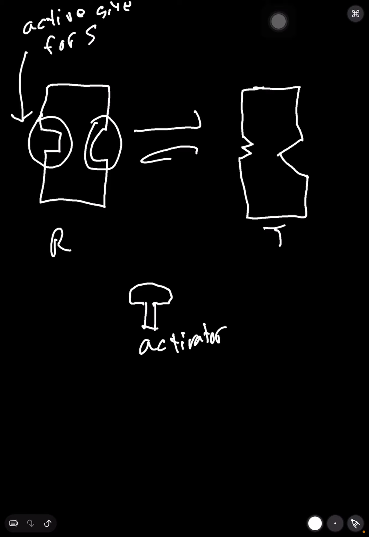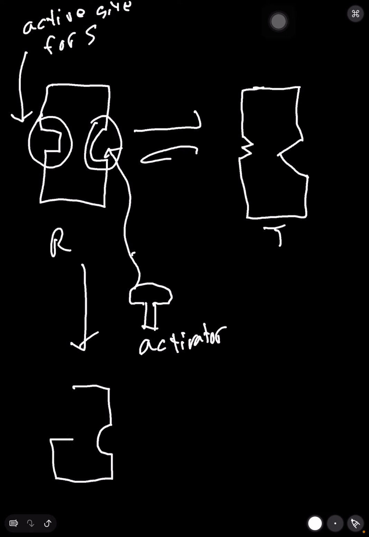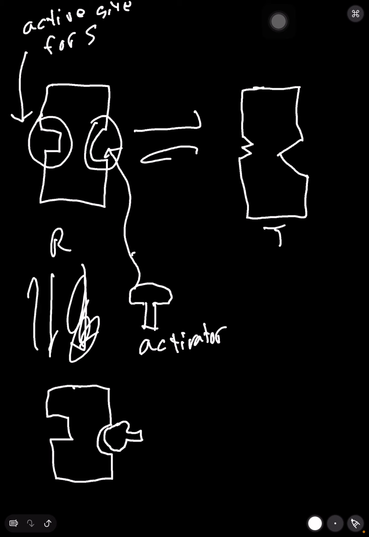This is a binding site for an activator, so an activator can come in and bind. And guess what? It's doing the same thing as a substrate would have done. It's binding to this R form and taking it out of equilibrium with T.